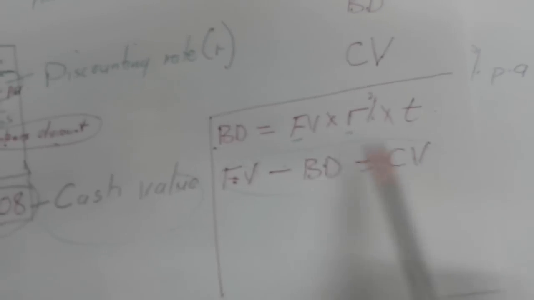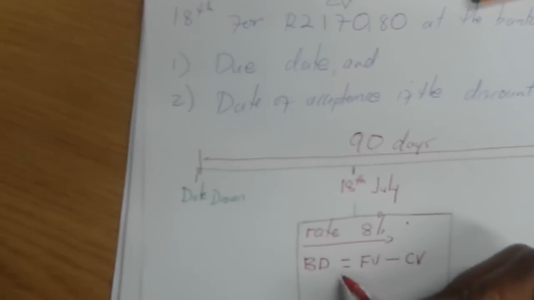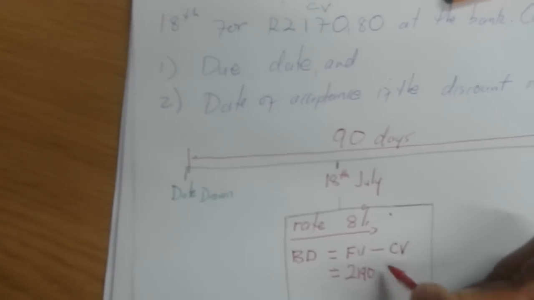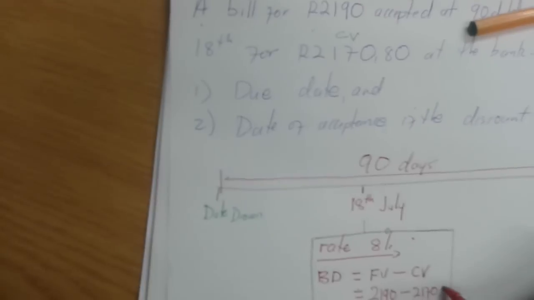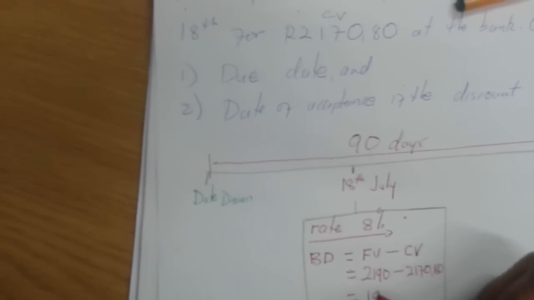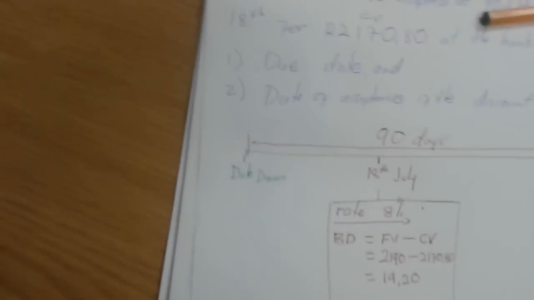So if CV comes there, it becomes a minus. BD goes there, becomes a plus. So this is the same formula as this one. Now, your FV is 2,190 and your CV is 2,170.80. Now this gives you what? 19 rands and 20 cents. So this is your BD.